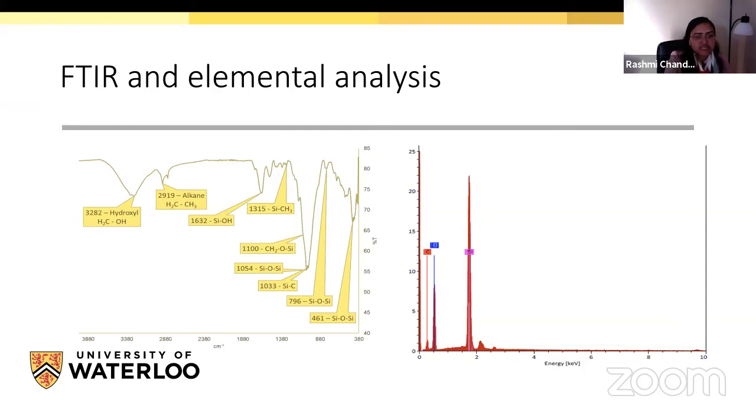When we analyzed the FTIR of all these diatom frustules, they are made up of silica, obviously, and all those functional groups pop up. Then I did an elemental analysis. Here the silicon was maximum, and I slightly got oxygen and carbon because maybe there was no proper washing.